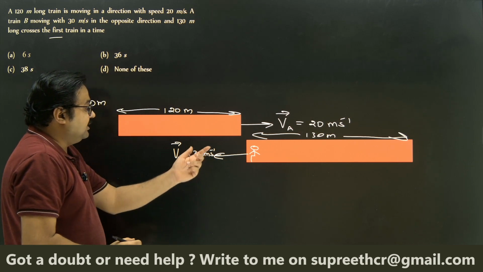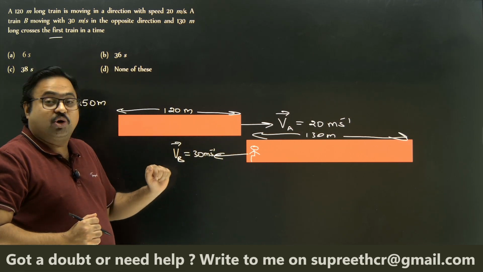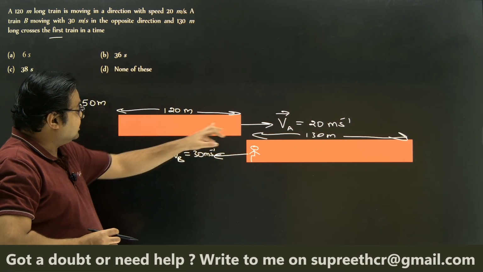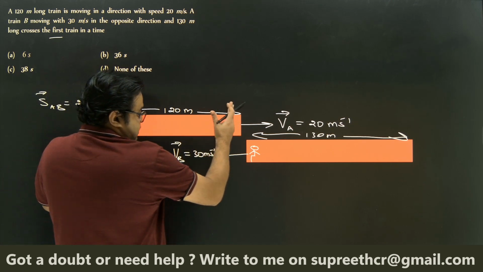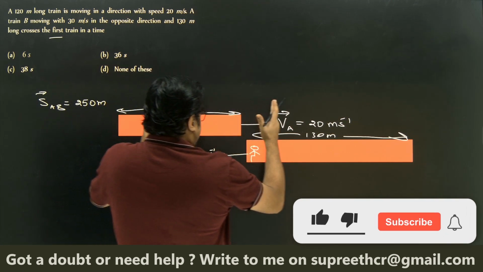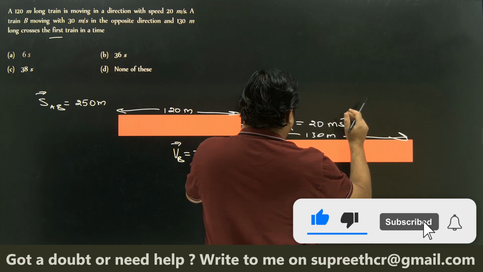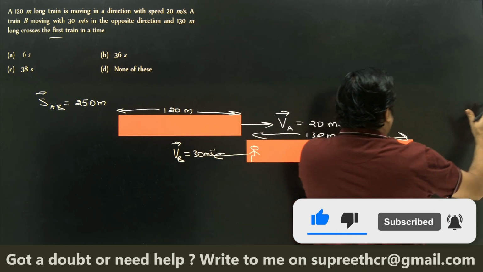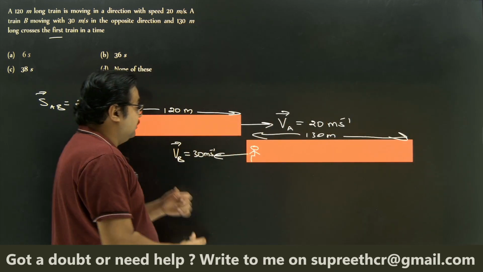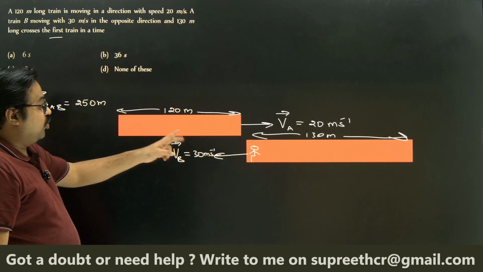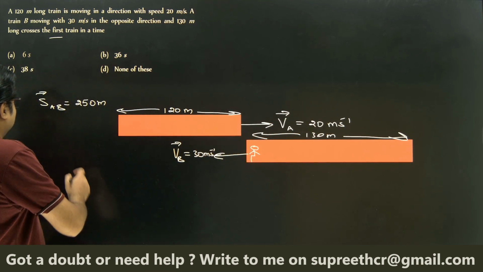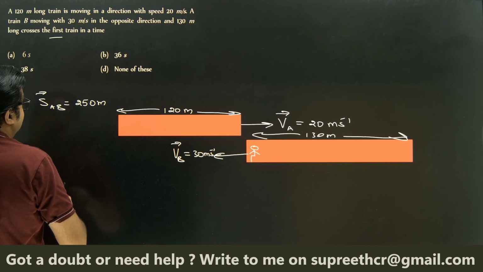It starts from here, and from here to here it's 120, and then it again has to go another 130 meter in order to completely go to the other side of the train. That's the total distance you have to travel.